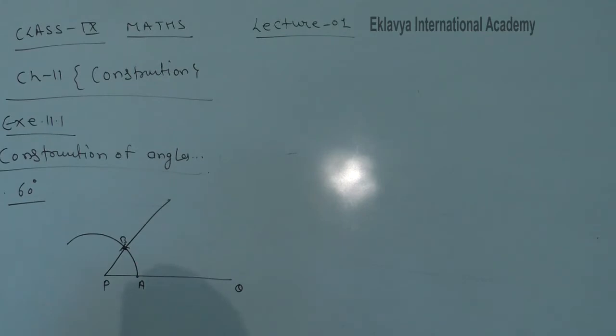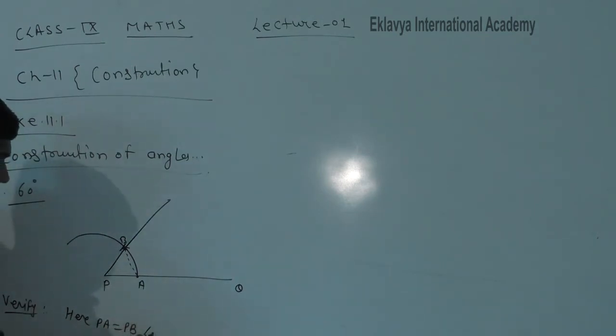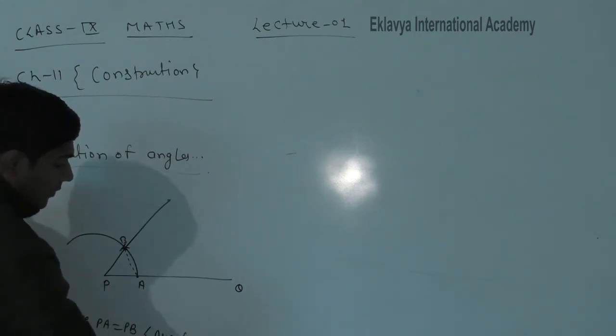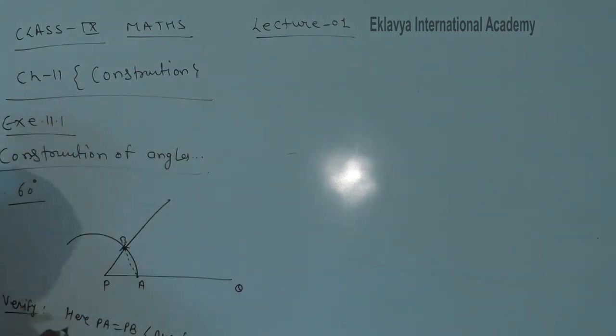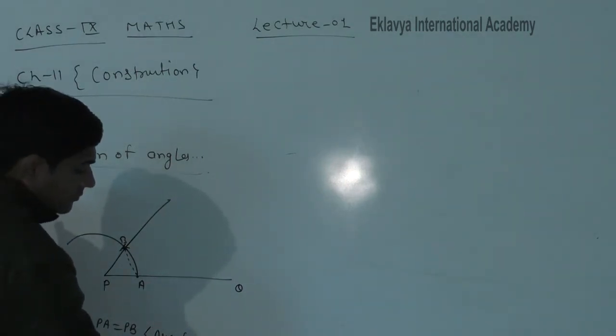Okay, and how we will verify? In verification, here PA is equal to PB, reason: arcs of equal radius. Second, AB is equal to PB also, arcs of equal radius.